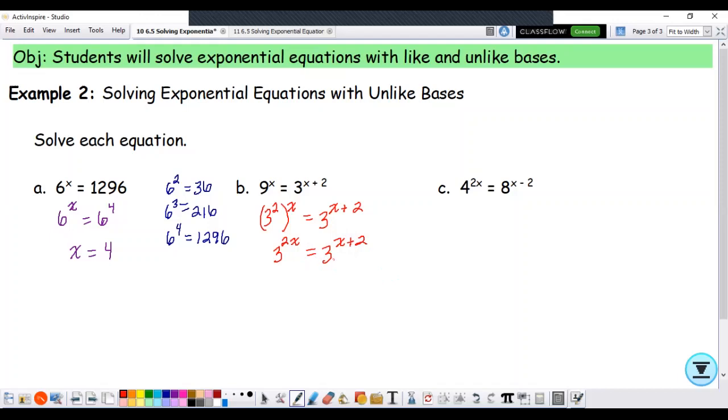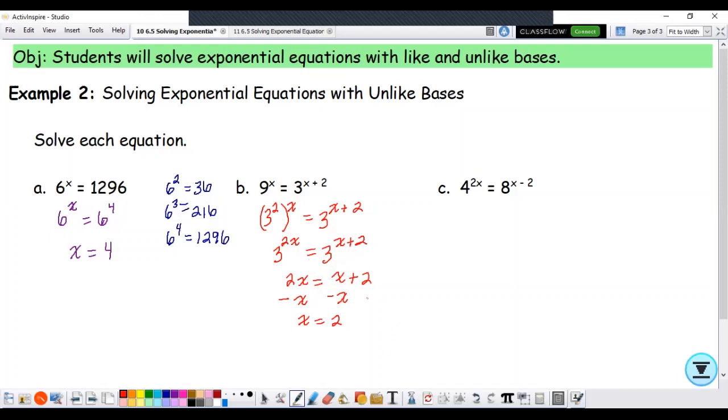Now that I have the same base, in order for each side to have the same value, my exponents must have the same value, so 2x has to equal x plus 2. Isolate an x, so we subtract x from each side, and we have x equals 2.